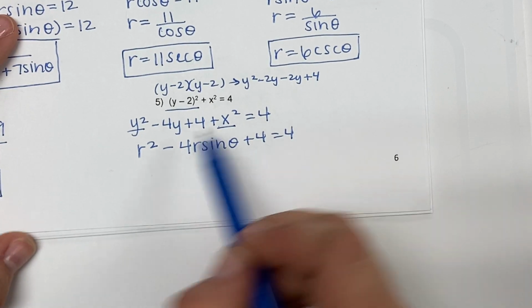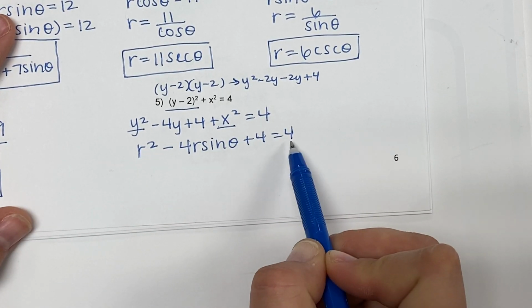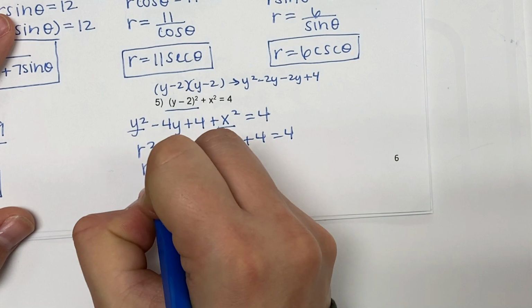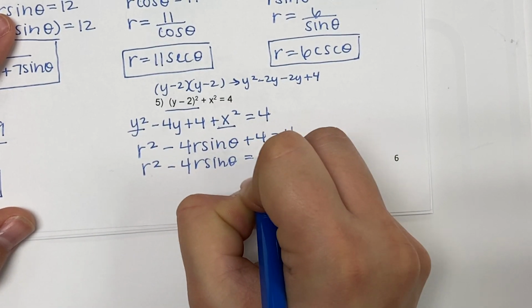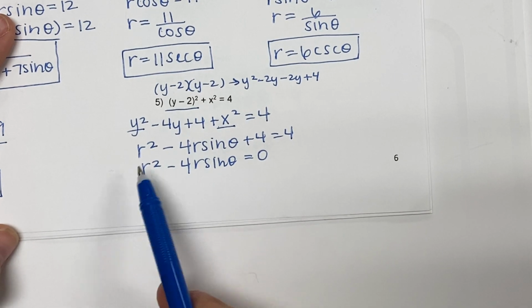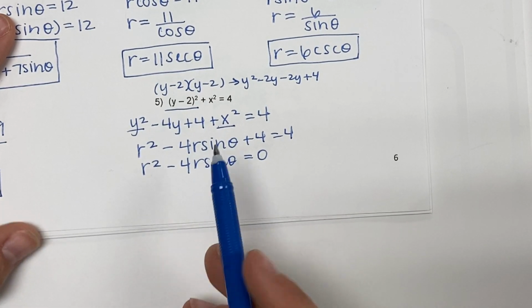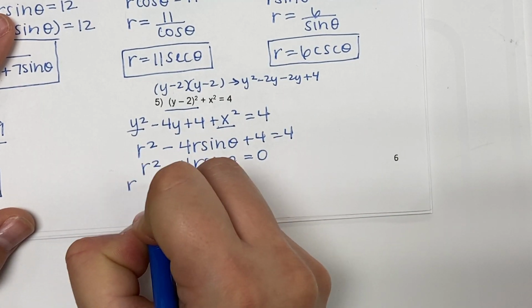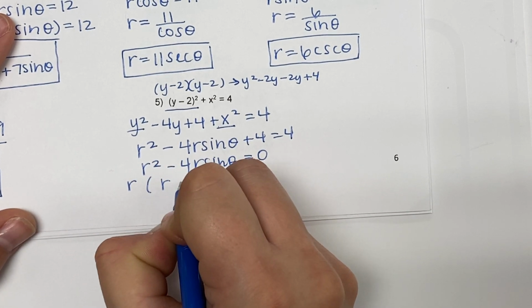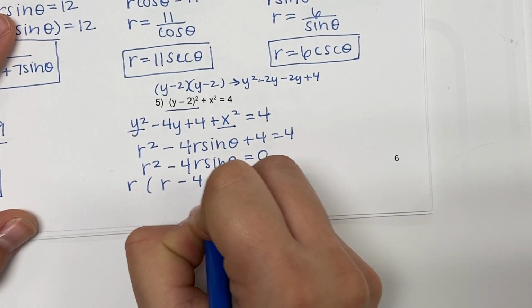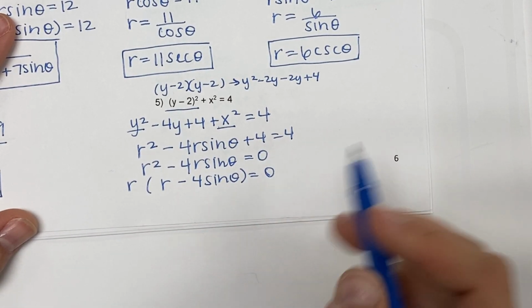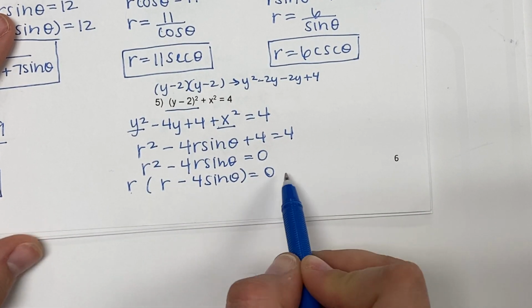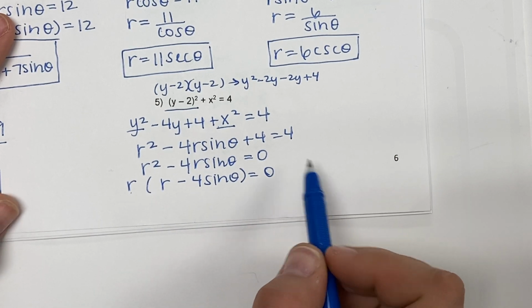Okay, I gotta get r by itself. So let's subtract the 4 over here to get 0. And then since both terms have an r, let's take an r out, so we're basically factoring. Okay. So now I have r is 0 and r minus 4 sine is 0.